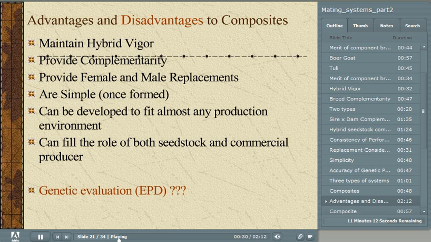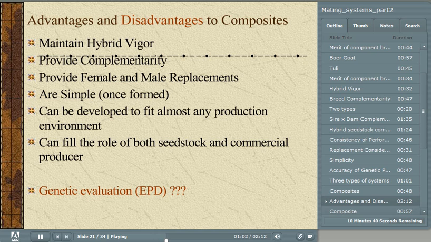Most systems, or at least some of the systems, typically produce their own female replacements, but relatively few, as you would have seen reading the Western Bulletin on Crossbreeding, produce male replacements. The other advantage to composites is that they're simple once they're formed. Composite development takes a fair bit of forethought and a relatively large number of producing females to successfully implement, that is, to successfully develop your own composite.